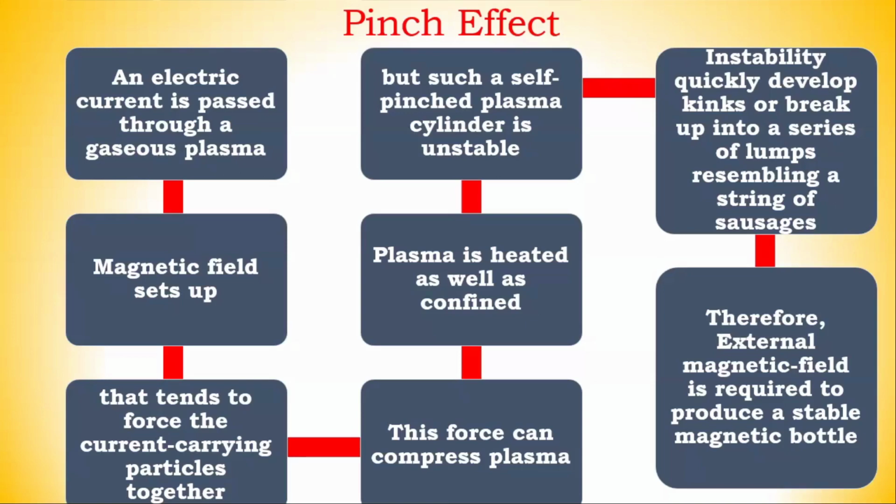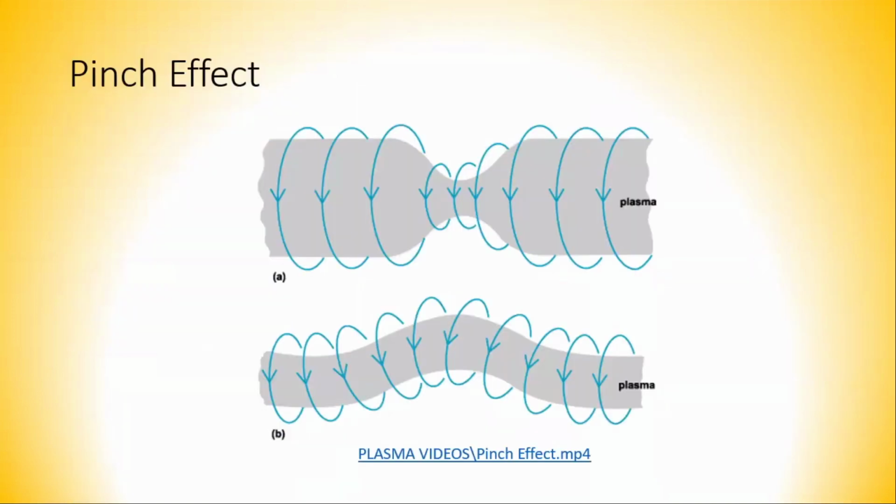So always the plasma gas is confined, kept in an external magnetic field so that there is no pinch effect. If we don't keep the plasma gas in an external magnetic field, there can be necking.